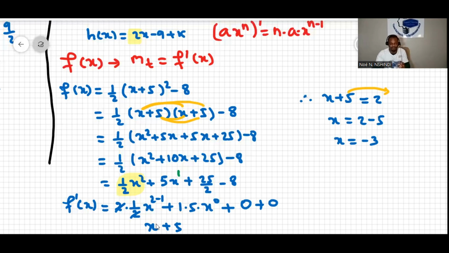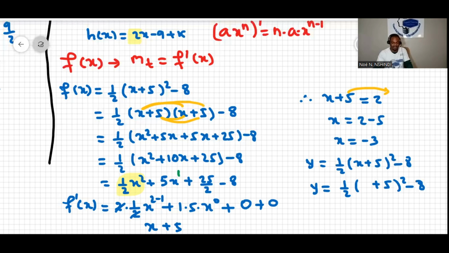Now that we got the value of x, we need to substitute that value into either h or f in order to find the y coordinate. Because y equals a half, x plus 5, to the power of 2, minus 8, that means y will be a half, open bracket, -3 plus 5, to the power of 2, minus 8.